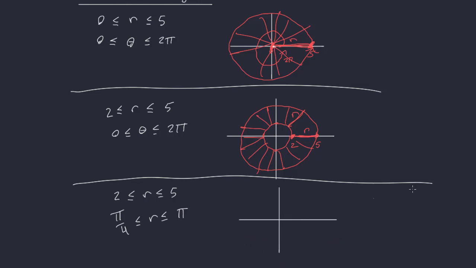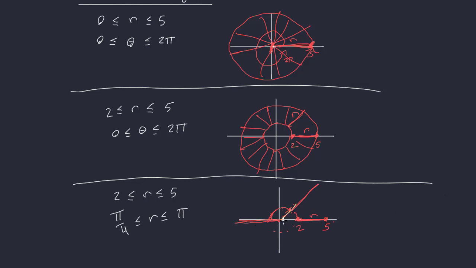All right, well, the r is ranging the same, right? It's going from 2 to 5. But it's not doing a full rotation, right? It's starting at pi over 4. So here's the starting point, and it's from there that it ranges to the ending point, which is pi.